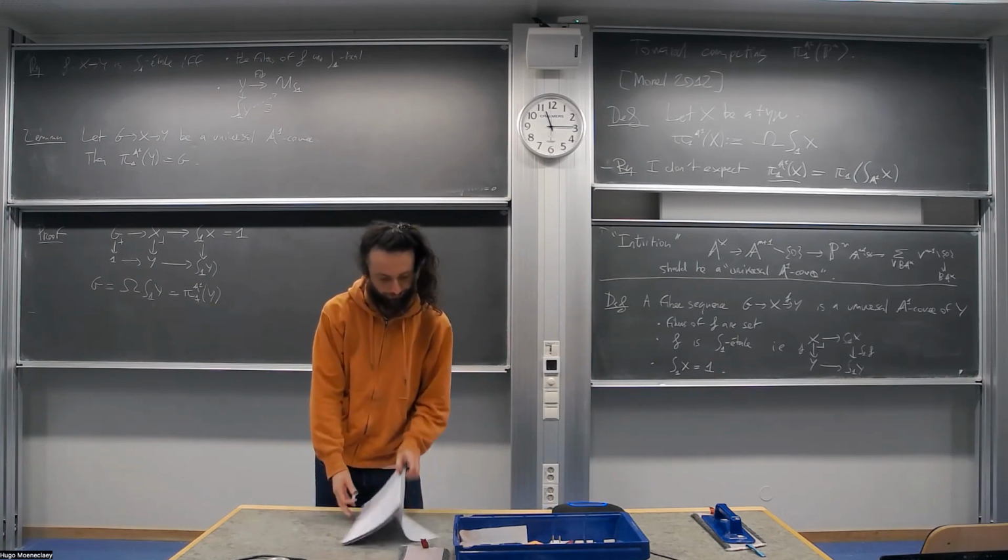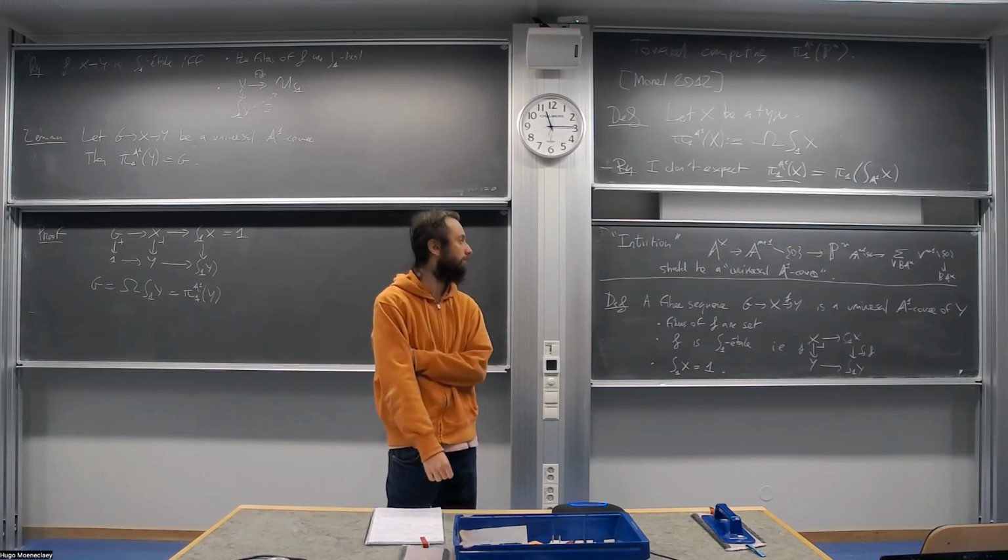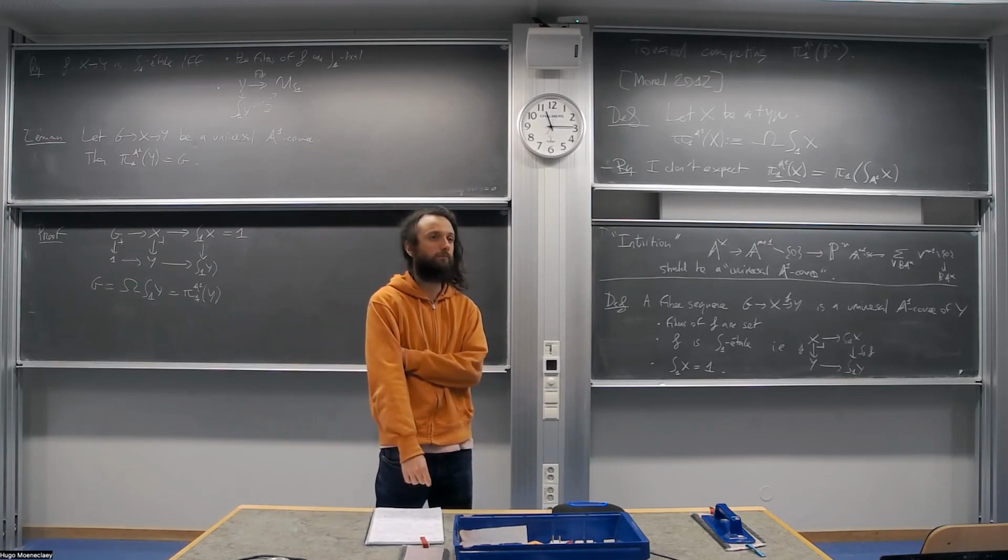Okay, so what you define when you have a shape 1 should have a Galois group, which should be G. You always have the monodromy of the shape 1 as a groupoid acting on the fibers.